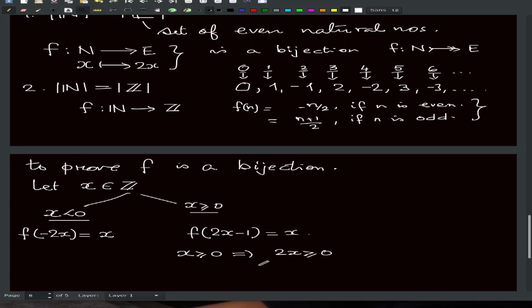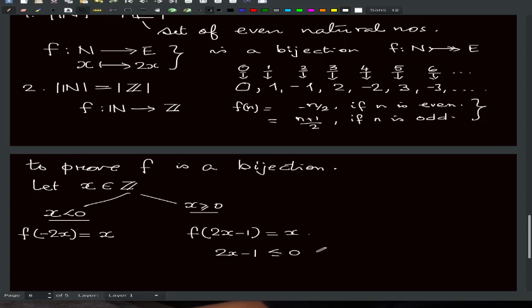The only question is, the only point over here, is whether 2x minus 1 can be negative, right? So let's try and check.